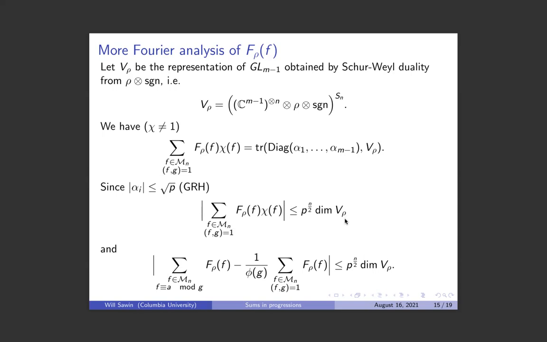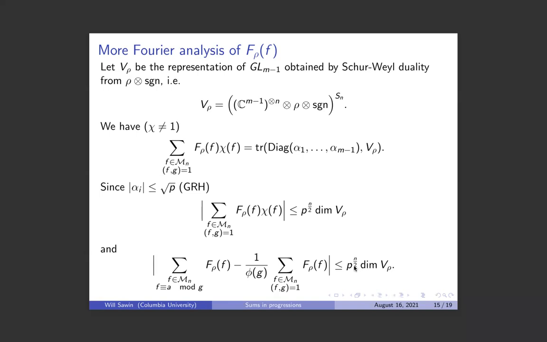And then if we apply this for every non-trivial chi, we get that the sum of f rho that we care about, minus the main term, which is the contribution of the trivial chi, is also bounded by p to the n over 2 times dim V rho. So this gives you an estimate of similar quality to the Riemann hypothesis estimate we wrote down earlier in the von Mangoldt case.